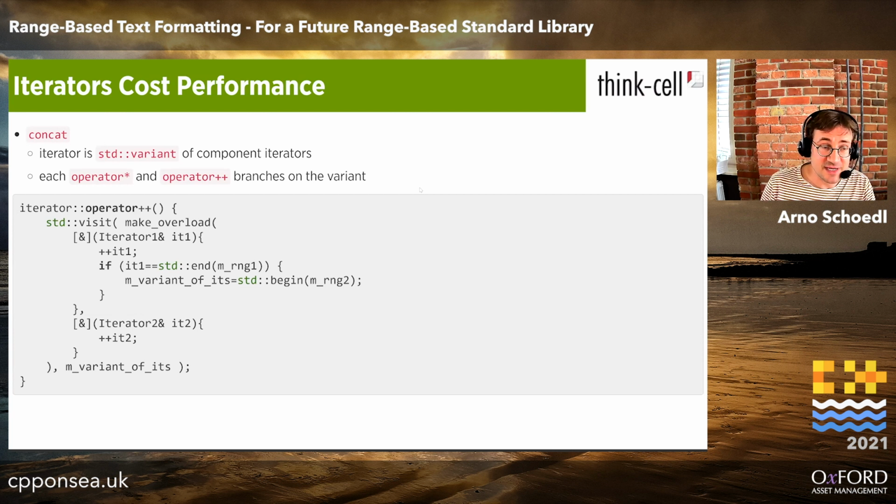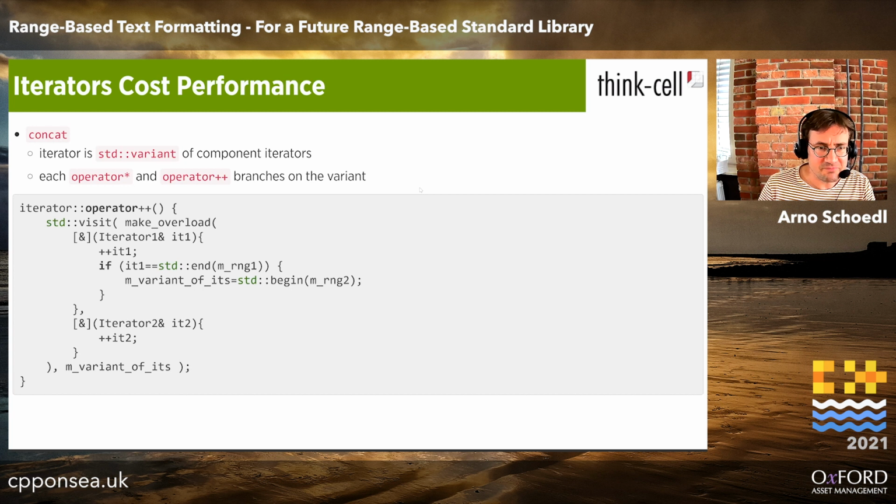There, the iterator of a concat is by necessity some sort of stitched variant of the iterators of the components. So essentially, the state of the iterator has to mean which component am I currently in, and then within the component, where am I there?